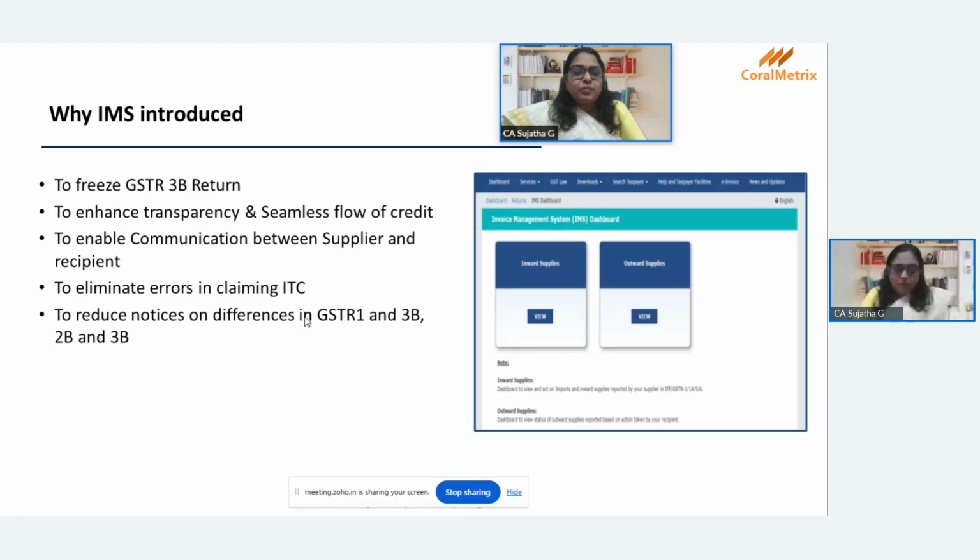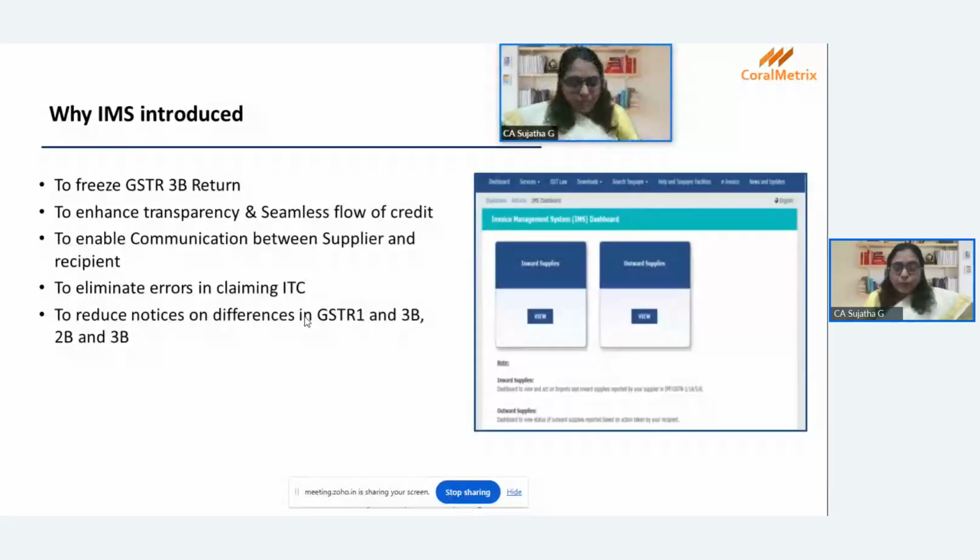Earlier, whenever there was a difference in input tax credit or delay in filing of returns, they had to manually call or send an email. So to avoid such back and forth communication, they introduced the system in October 24, and it has been functional for more than 6 months now, and it's going very smooth.